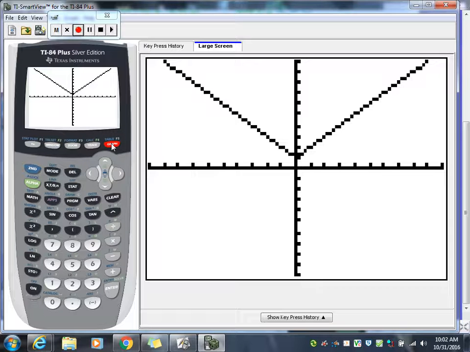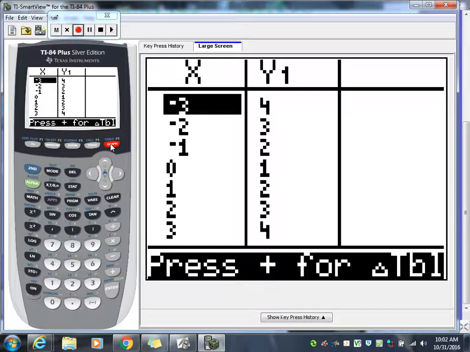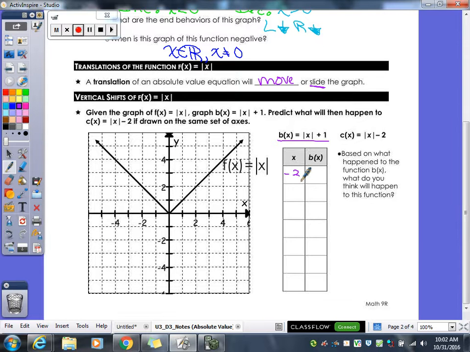It moved it up 1. But we still need our table. When we move it just up, is our table going to change really? No, it still goes -3 to +3. It's just this time it's 4, 3, 2, 1, 2, 3, 4.